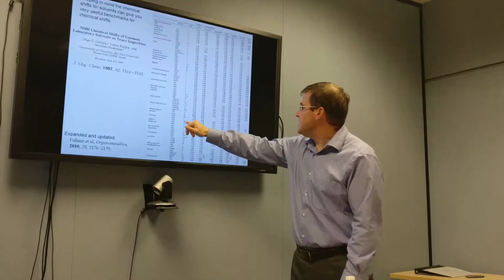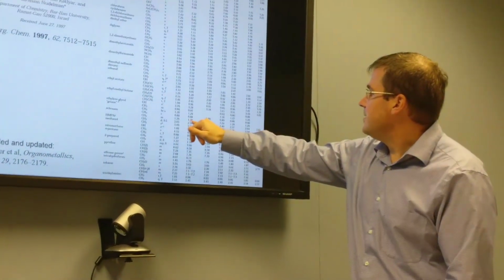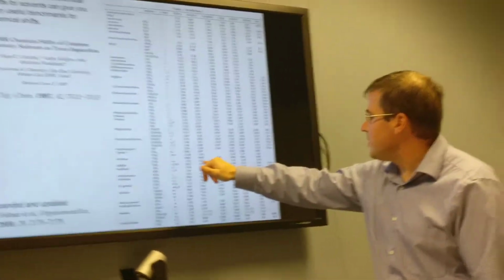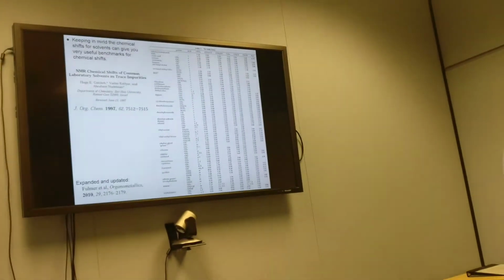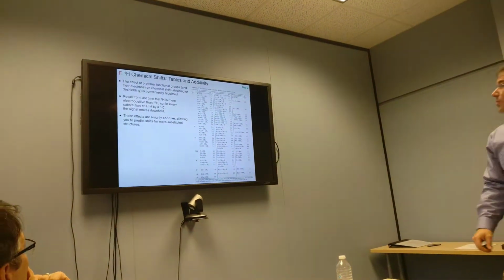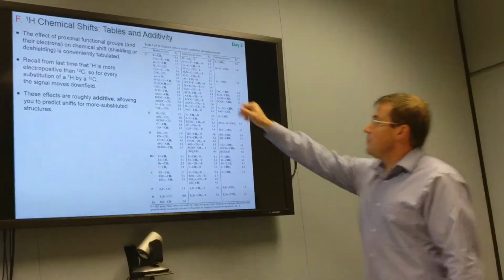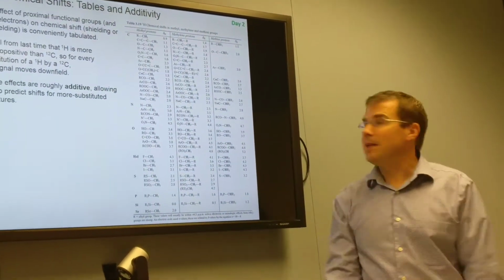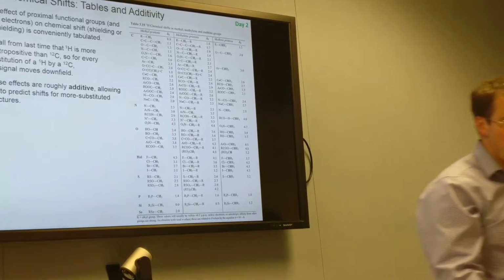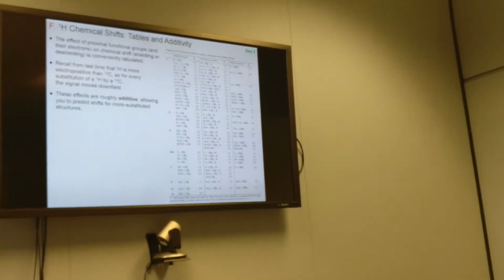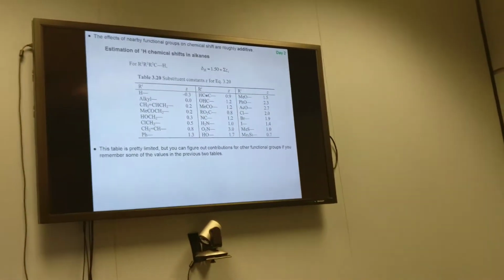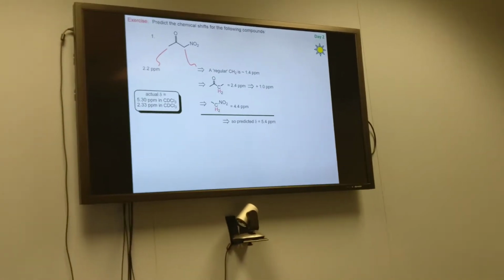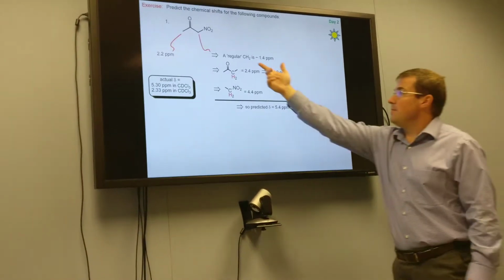Okay, the CH2 in n-hexane is at about 1.3 or thereabouts. Similarly, in your NMR table, you'll find that a methylene with nothing else very interesting nearby, the default value for that is about 1.4 parts per million. So let's take 1.3 or 1.4 parts per million as our base value for a methylene.